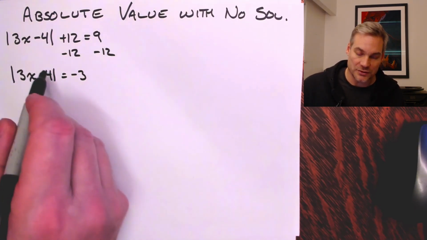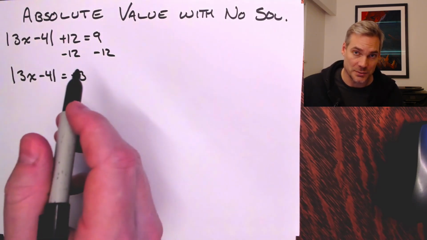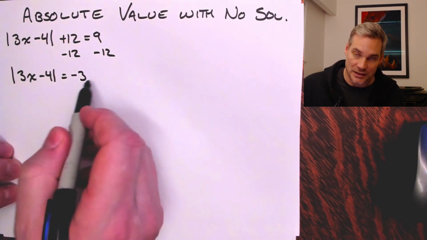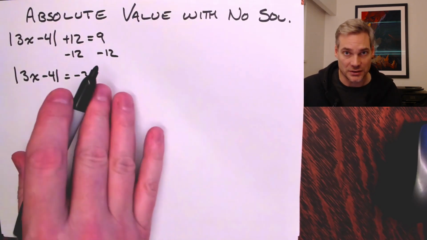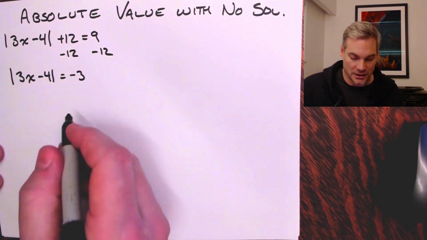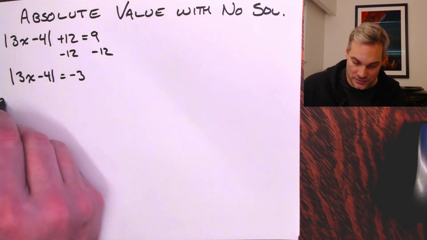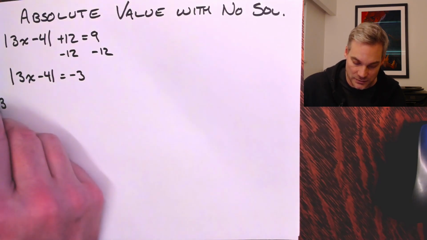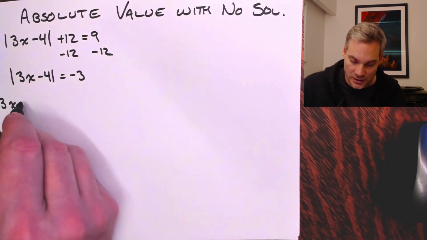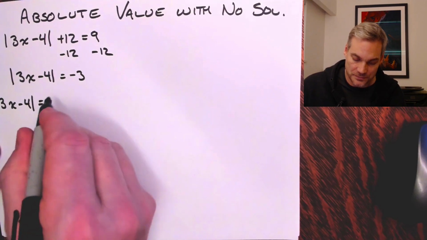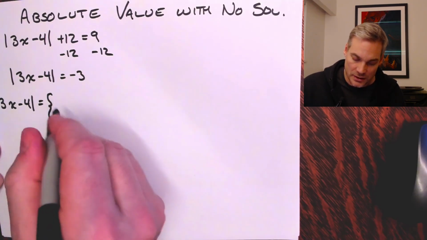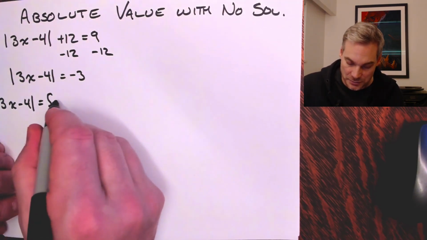We have the absolute value of something, which has to be positive, and it says it equals negative 3. So we know there's no solution. But let's just check. An absolute value can be written as a piecewise function, which has different pieces.